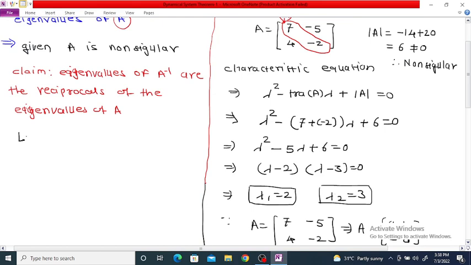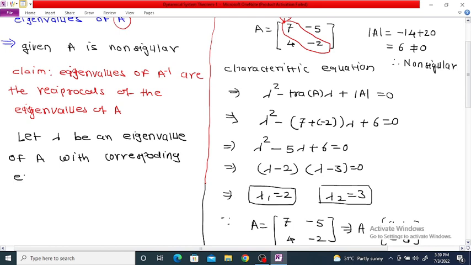Prove this. Let lambda be an eigenvalue of A with corresponding eigenvector x.